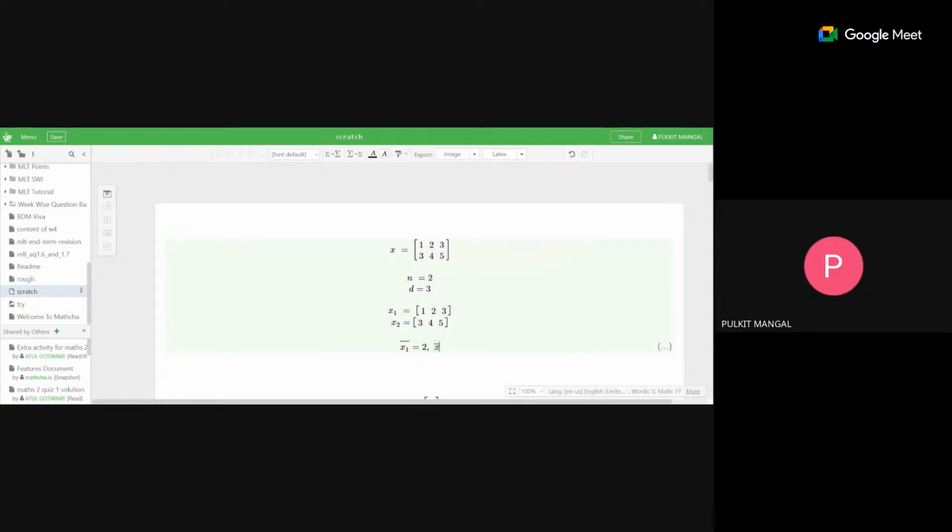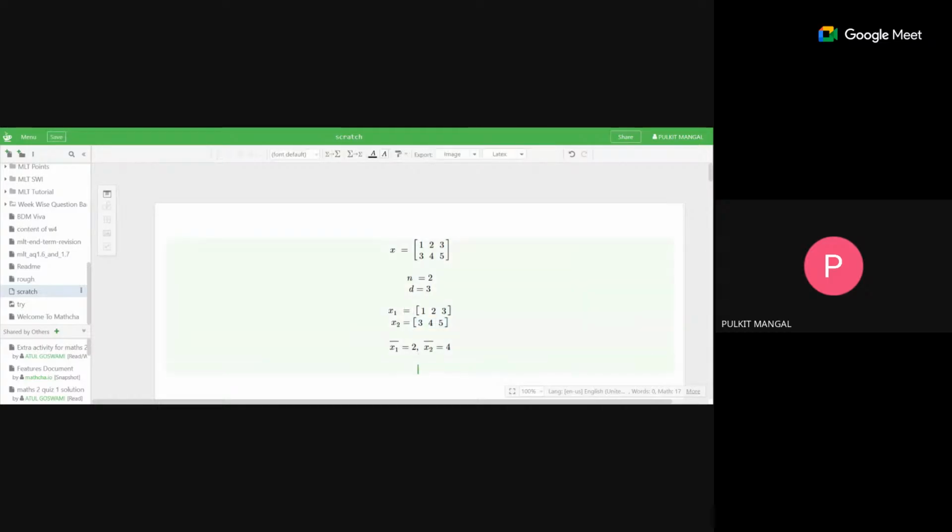The mean for x2 would be 3 plus 4 plus 5 divided by 3, so 12 by 3, that is 4. Similarly you have to find the standard deviation also. I'm not going to calculate that, it's a little more complex, but similarly you find it for x1 and the same for x2.